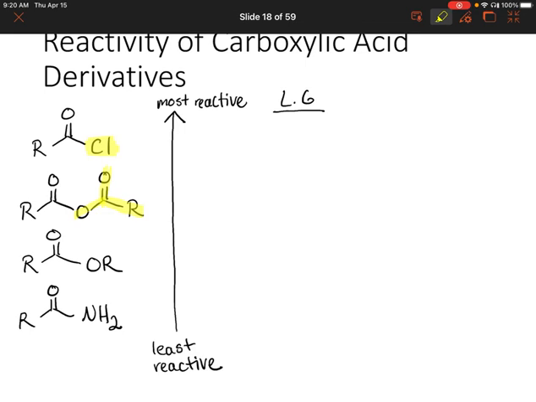The next one, our ester, the leaving group is an alkoxide group. And on our amide, the leaving group is NH2. So let's write those down. Now remember, when these groups leave, they're going to take electrons with them too. So these will all be negatively charged.